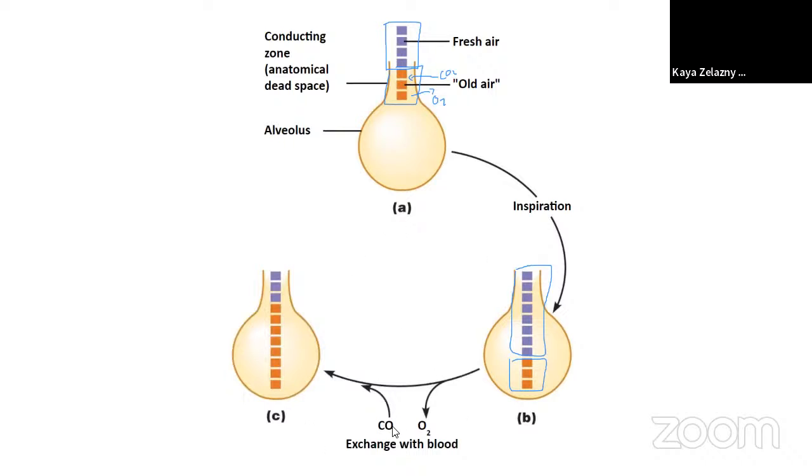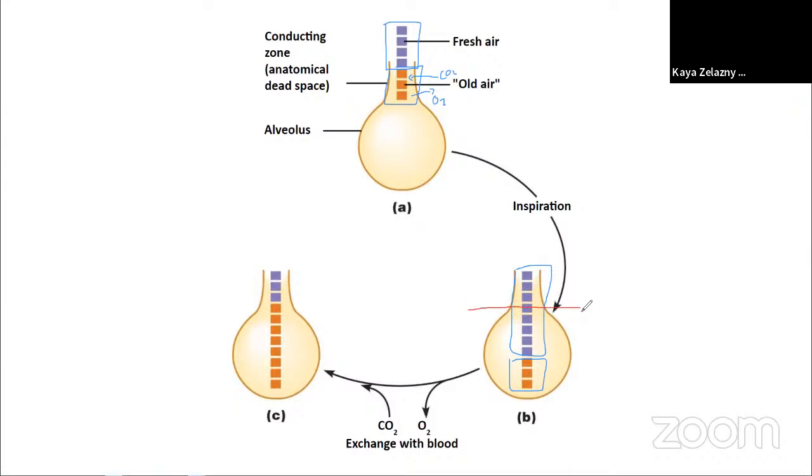Here we have our gas exchange for this breath happening. CO2 is moving in, oxygen is moving out. And we now see a color change. We took this whole chunk that had actually entered the alveolus. That's where our gas exchange was happening. So now we're adding that into our old air column, right?